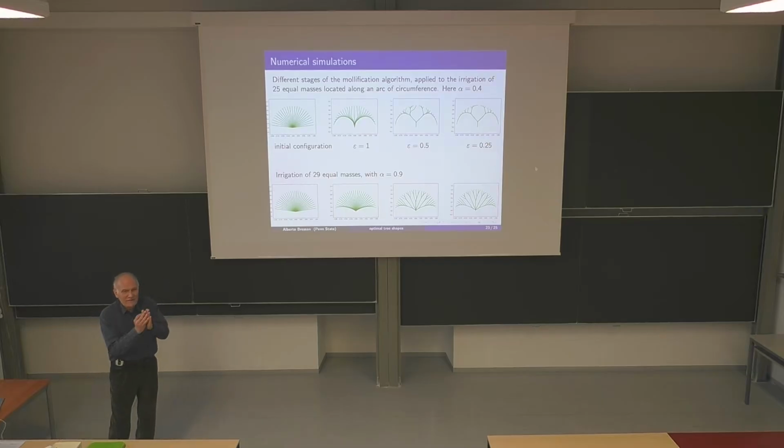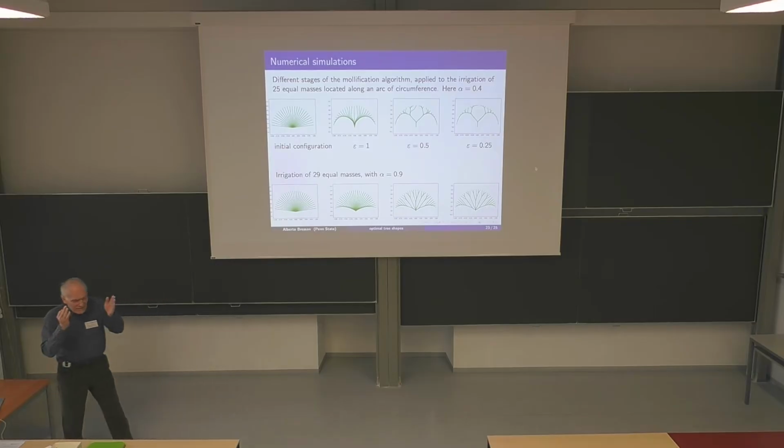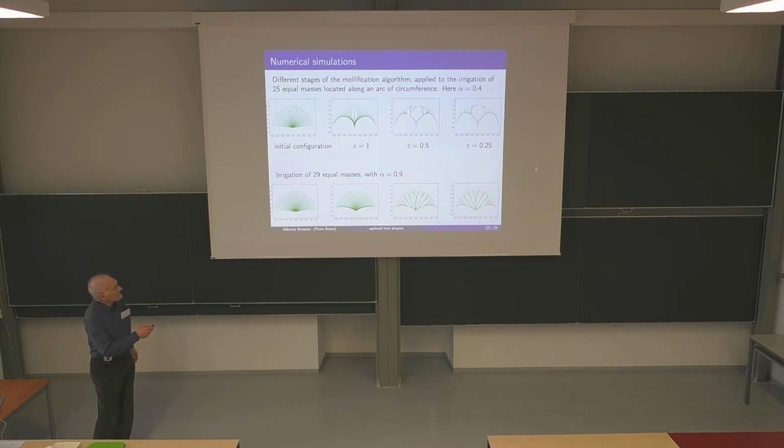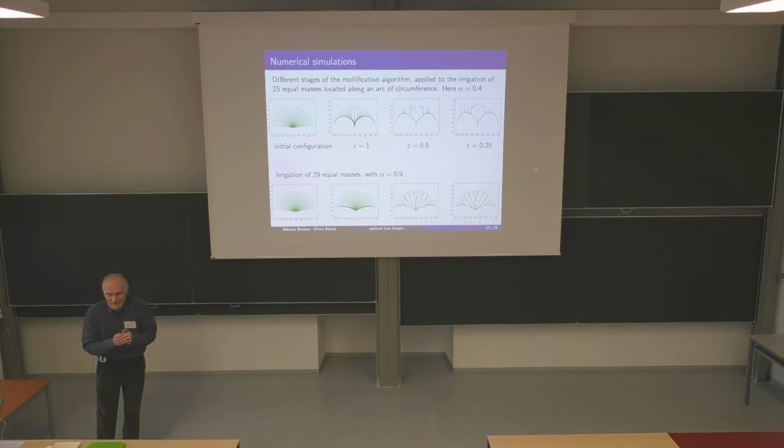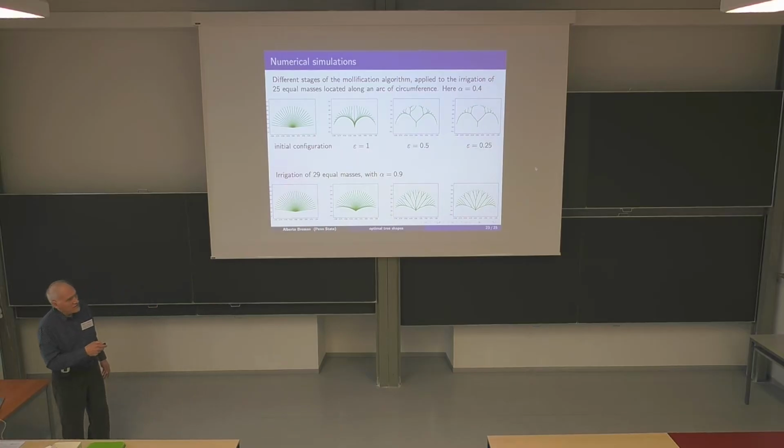So they are not very motivated to stick together, right? They are trying to simply become as short as possible. When I reduce the epsilon from 1 to 0.5 to 0.25, then they are really motivated and they stick together. And this is pretty much the optimal irrigation shape, irrigation pattern.